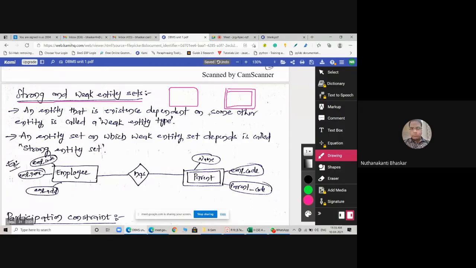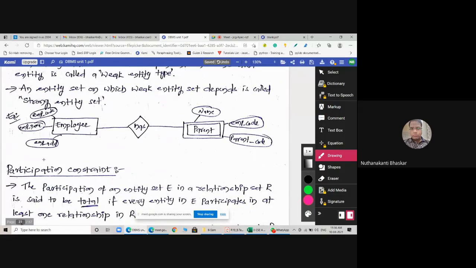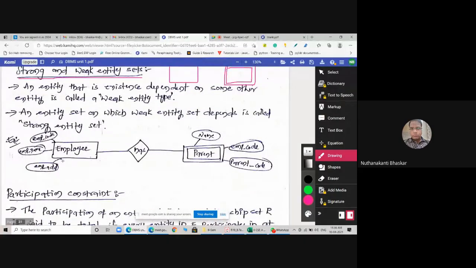When you are preparing an ER model, you can normally use the entity, and after implementation you can understand that this is the weak entity. For example, here we prepared one ER model. Employee has parent. Employee may have some other relationships too, but an employee never depends on being a parent.